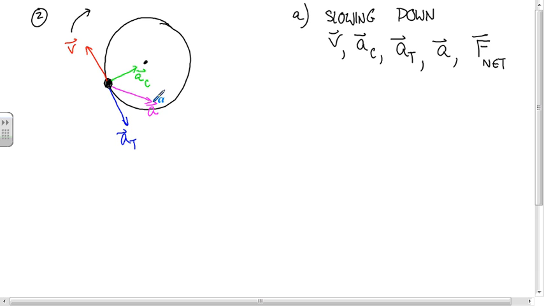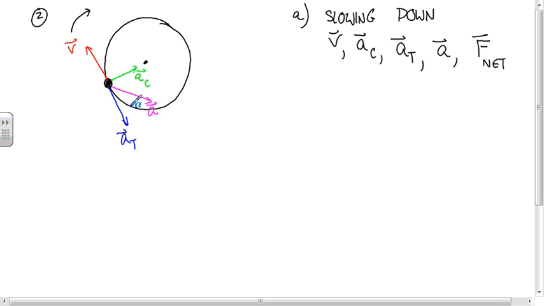And now what do we know about the total force vector? There could be 100 different forces. There could be friction, a normal force, a bird sitting on it, a billion different forces. And we don't know anything about those individual ones, but we do know something about the direction of the sum of all those forces. How do we know the direction of that force?